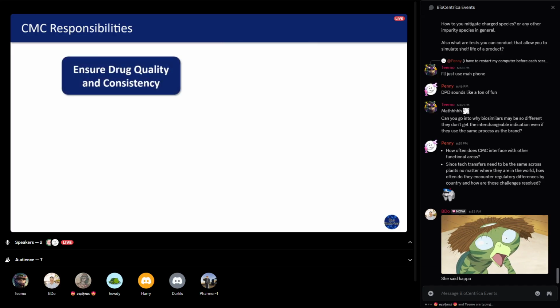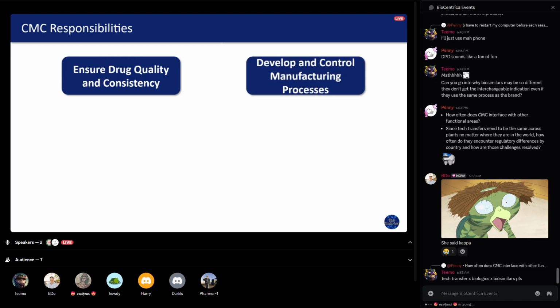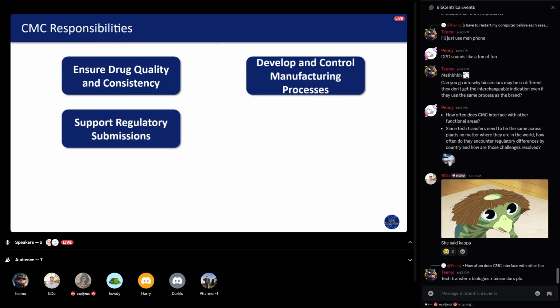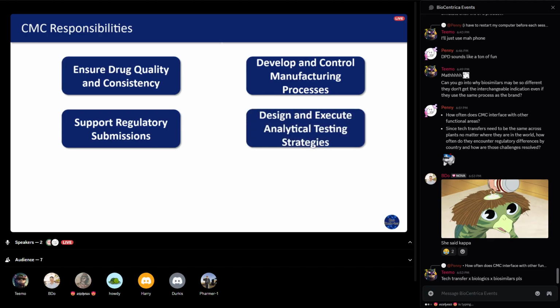So CMC responsibility-wise, they will ensure a lot of drug quality and consistency, like I mentioned. You'll be developing and controlling these manufacturing processes, and then supporting regulatory submissions, like I mentioned, your CMC RAs, designing and executing analytical testing strategies. They do have stability studies, so they still have to write the protocol just like a clinical trial would.